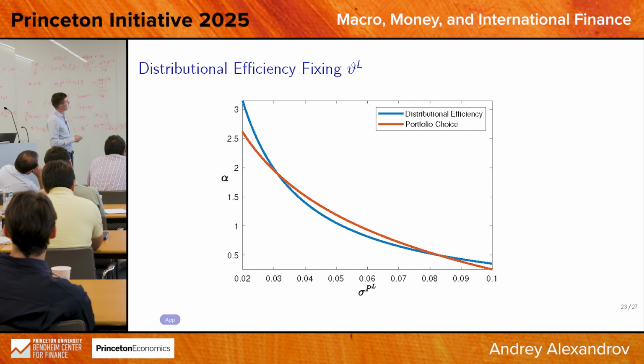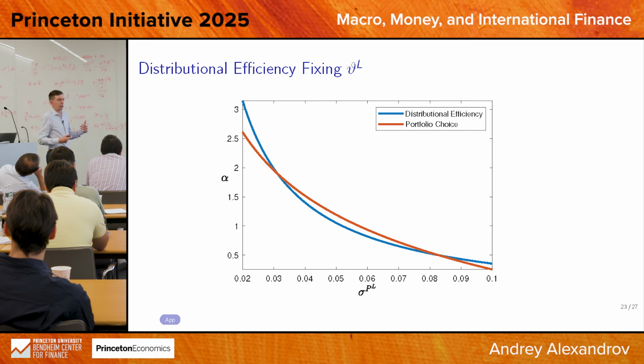So these are the combinations of these two variables that deliver the right redistribution following a shock.